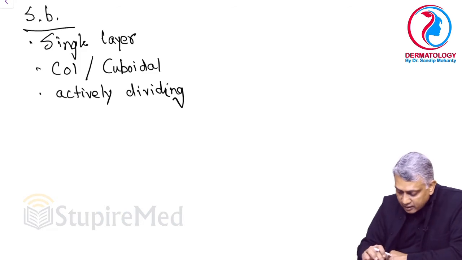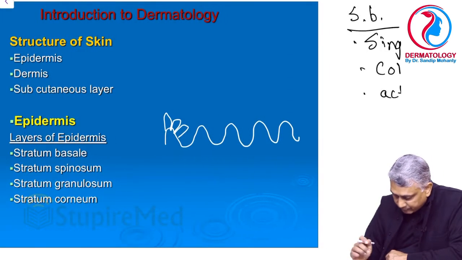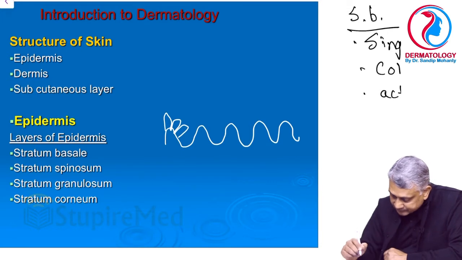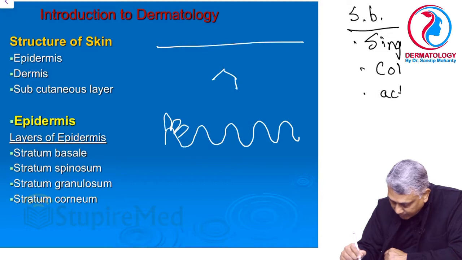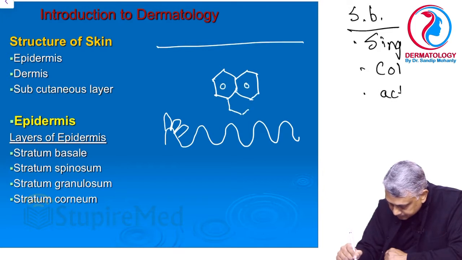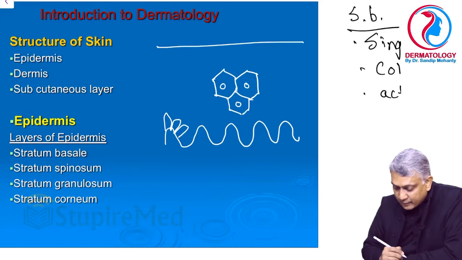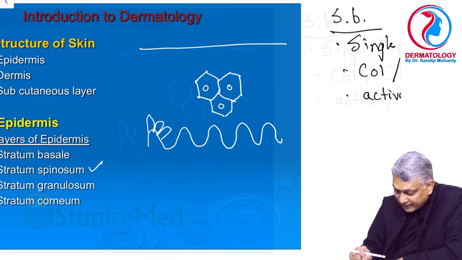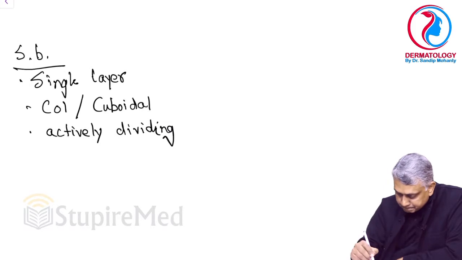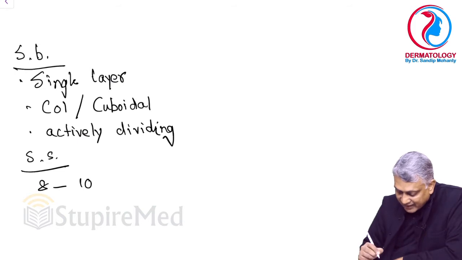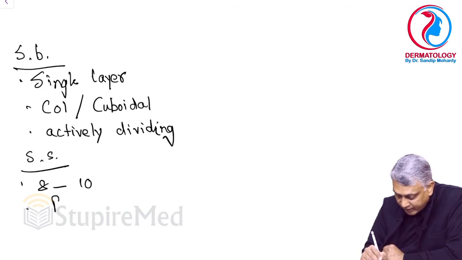The next layer, above that, is stratum spinosum. Stratum spinosum is 8 to 10 layers thick. The cells here are polygonal in shape with round nuclei.